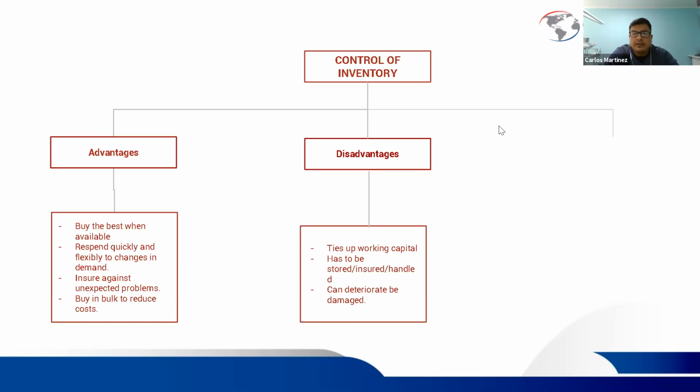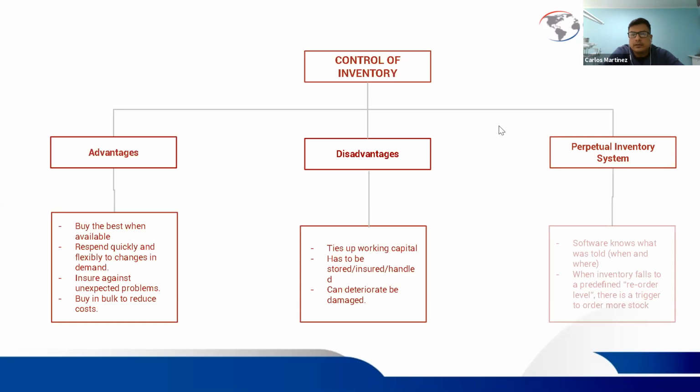Okay, and then finally, we have the perpetual inventory system. This is software that knows what was sold, when and where, and when inventory falls to a predefined reorder level, there is a trigger to order more stock. So this is basically done by machines. It's a program that knows how much you need and of what.